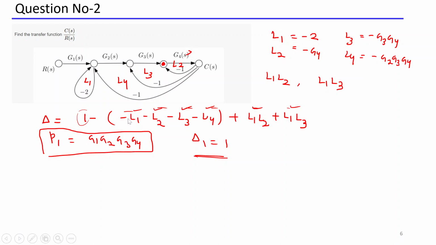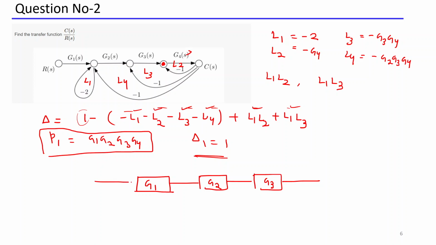In this way you have to solve the problem. But let me write down one question for you. I'm creating one problem for you. Let's say this is G1 and this is G2, this is G3, this is your input U and this is your output Y. Let's say some disturbance is coming here, D of S or D1, whatever.